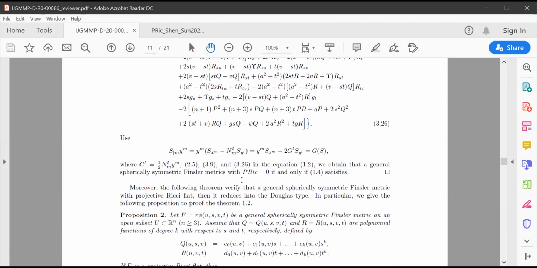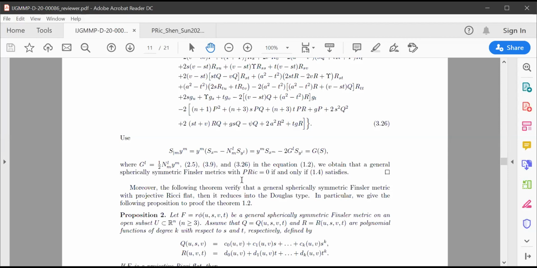So 1.4 depends on another quantity. That's a volume form inside, and for that volume form we also have to assume a special volume form, not an arbitrary volume form. So a general spherically symmetric one. The projective Ricci curvature is defined here using the spherically symmetric volume form, which they did not indicate here.